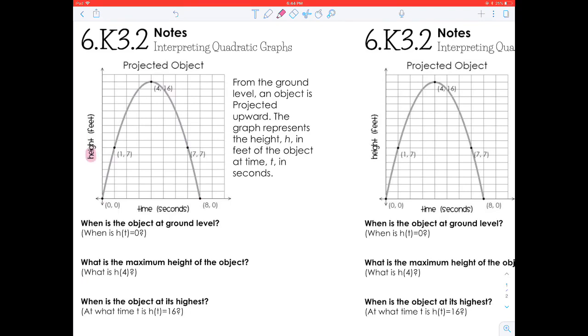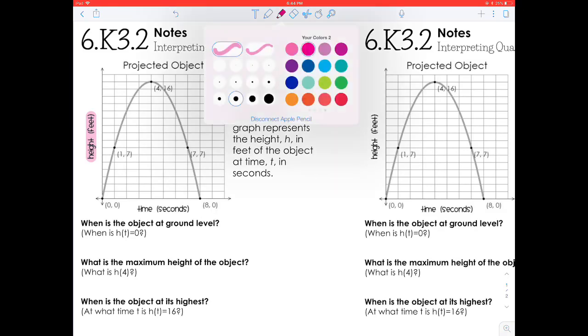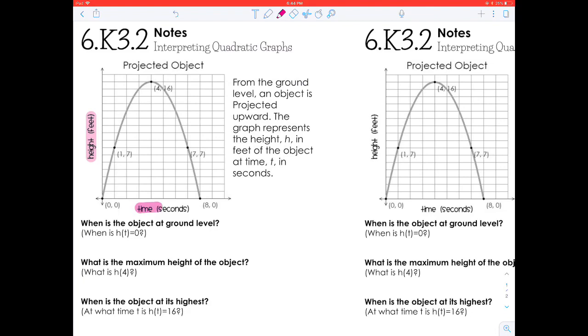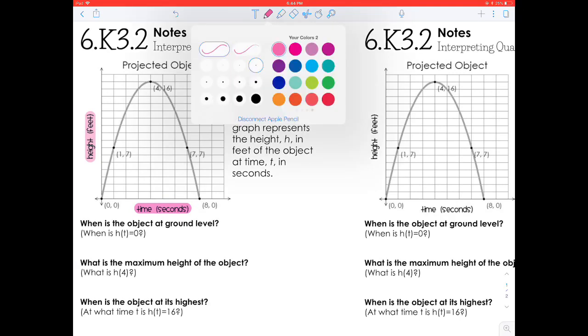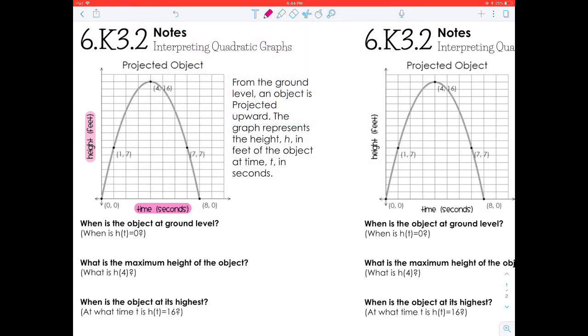Height is our y value, and time is our x value, basically. So we can label those. It's always important to be consistent with what variables you're using if you're talking about context. So they're using t for time here, and then they're using h for height.